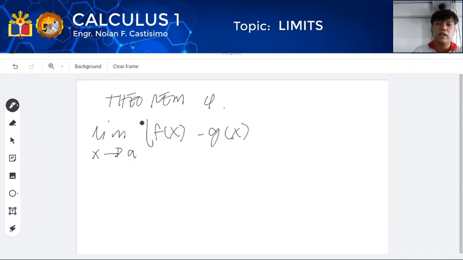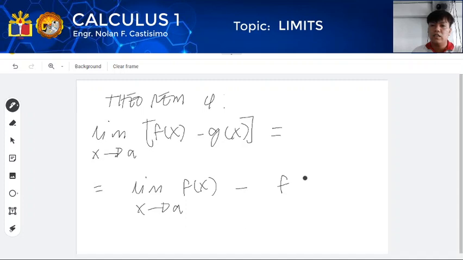Lagyan natin ulit ng bracket. Is equivalent to, equal to, limit of f of x as x approaches a minus the limit of g of x as x approaches a.